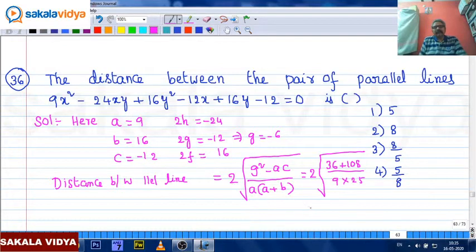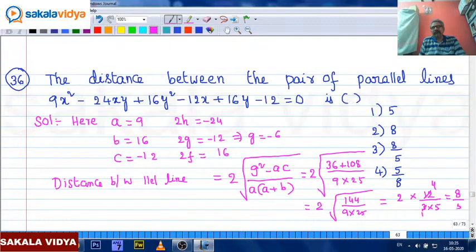So that will be 2 root of 144 by 9 into 25. This equals 2 times 12, square root of 144, square root of 9 is 3, square root of 25 is 5. This will be 8 by 5. So third option is the right option.